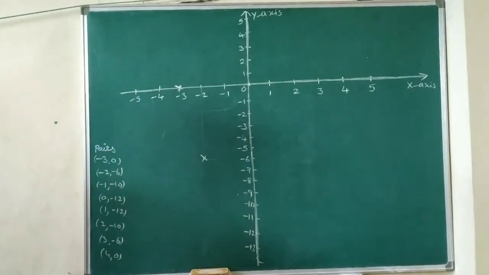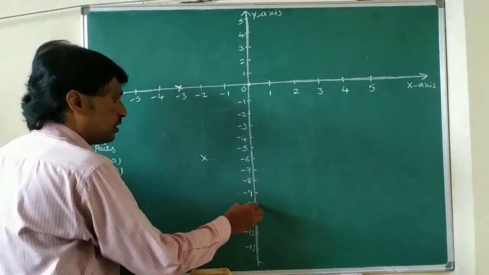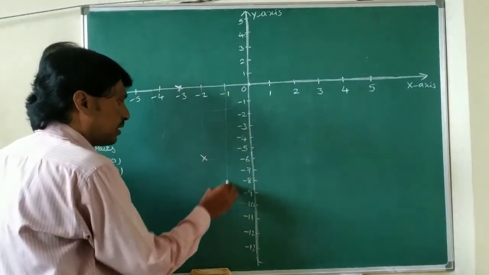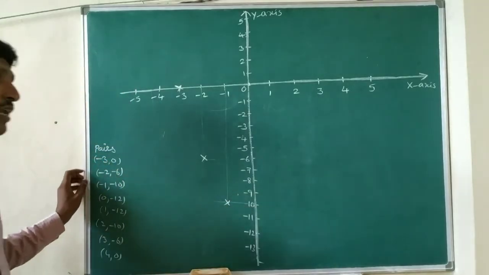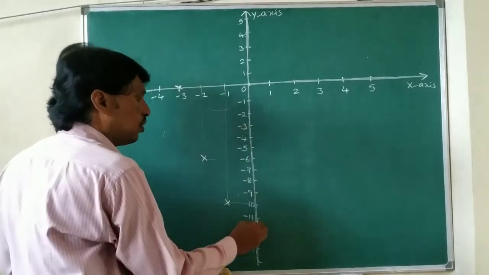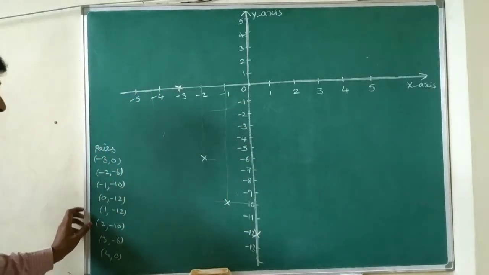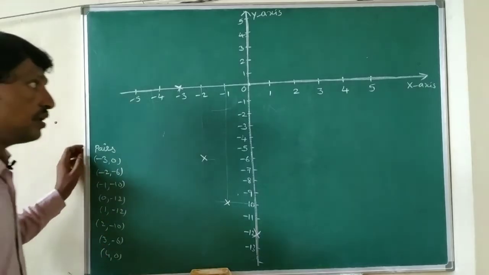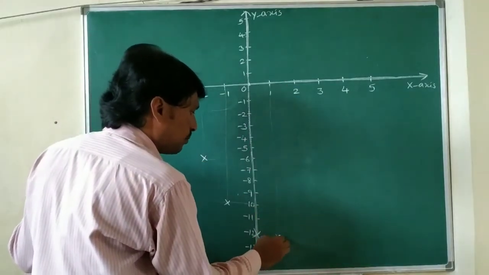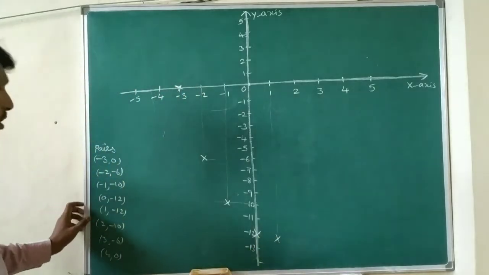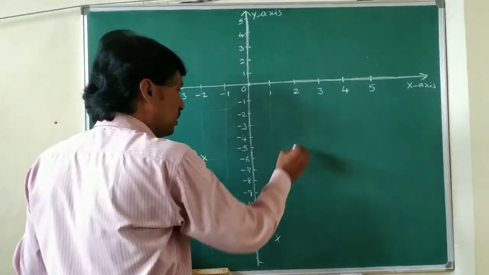Next, minus 1, 10. X coordinate is minus 1, y coordinate is 10. Means we can get here. Next, 0, minus 12. X coordinate is 0, y coordinate is minus 12. Next, 1, minus 12. Same, x coordinate is 1 and y coordinate is minus 12. Means we can get here. 2, minus 10. X coordinate is 2, y coordinate is minus 10.